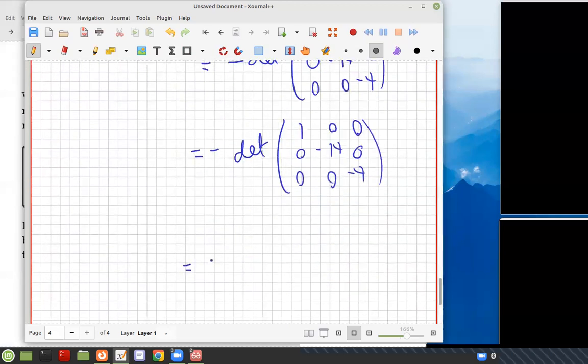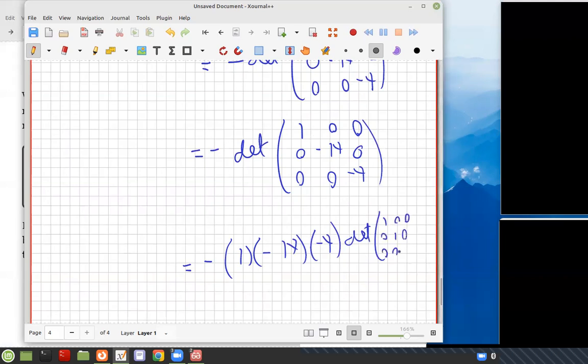And that's going to equal minus 1, the product of the diagonal entries, minus 14 times minus 4 times the determinant of the identity matrix. So these are 3 signs, so it's going to be minus 14 times 4, which equals minus 56.